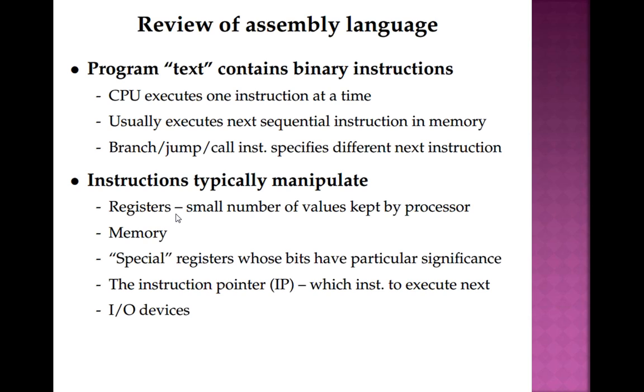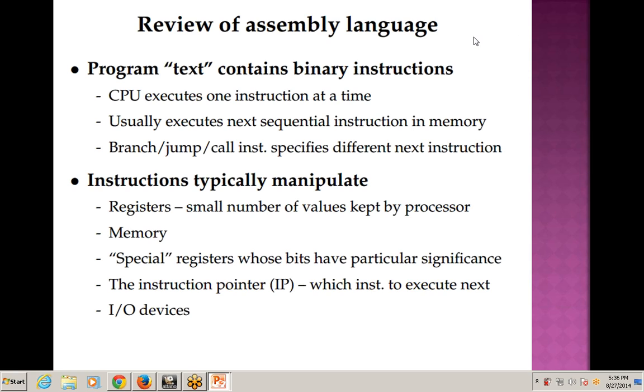So assembly language uses special registers that contain these two types, unsigned and signed integers. Next is the IP, the instruction pointer, which instructs which to execute next, and then input output devices. So these are the instructions available in assembly language for writing programs.